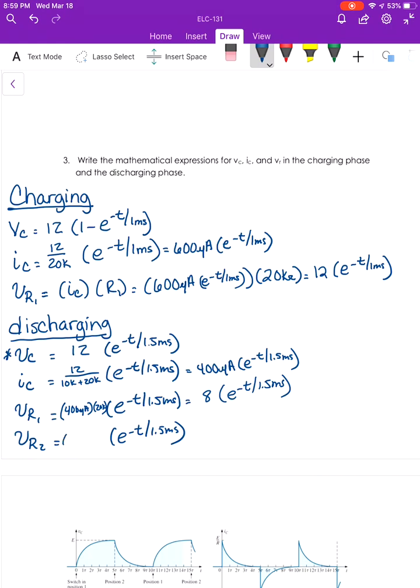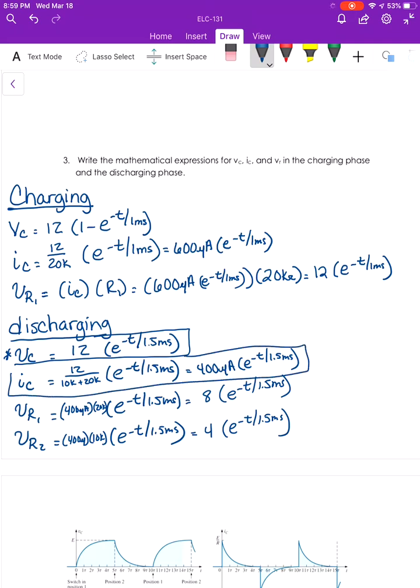And VR2, that's our 400 microamps times 10K, and there we're looking at 4 volts to start with. Okay, so these are the equations for the discharging phase for the voltage across the cap, the current through the capacitor, the voltage drop across R1 and across R2.